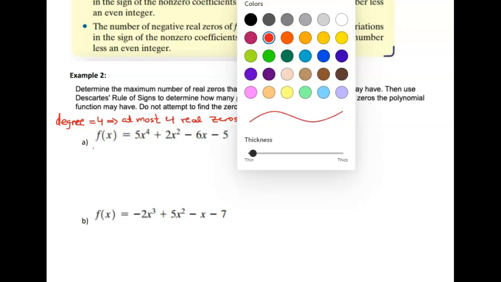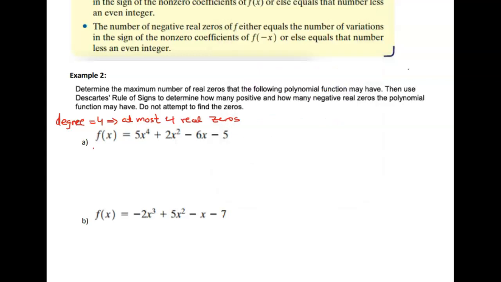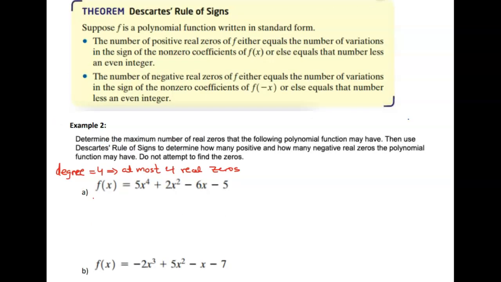All right. Now let's implement Descartes' rule of signs. So I know it's very confusing just reading it. So let's do it in practice. Okay. So the first part, it's asking us to look at the number of variations in the sign of the non-zero coefficients of f of x. Okay. So that means you're counting how many sign changes there are for the coefficients.